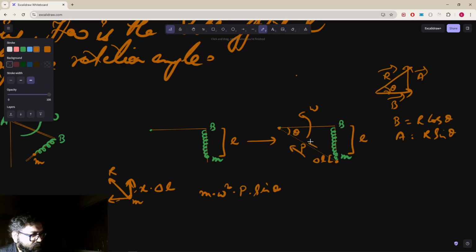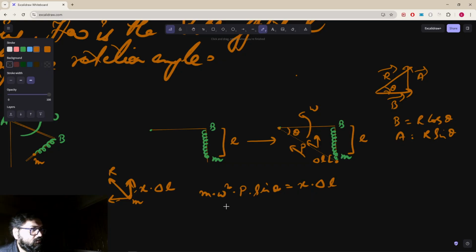This is the direction of the centripetal force. I need to find this component, which is the resultant times sine of theta. This is nothing else but the force applied by the spring on this mass m.